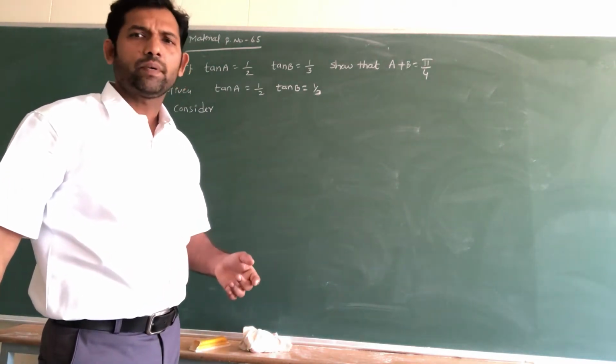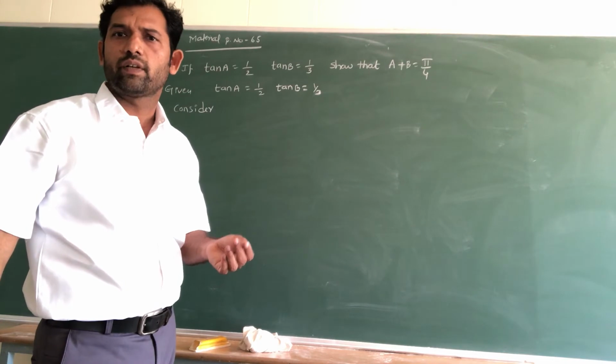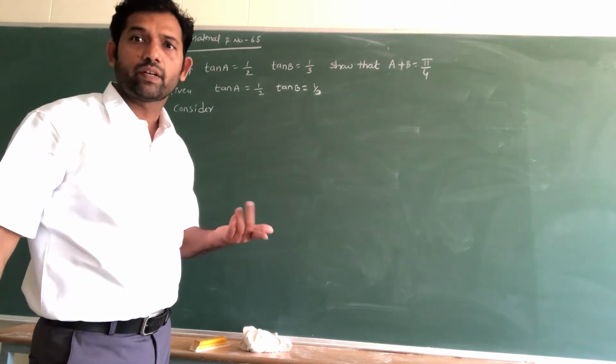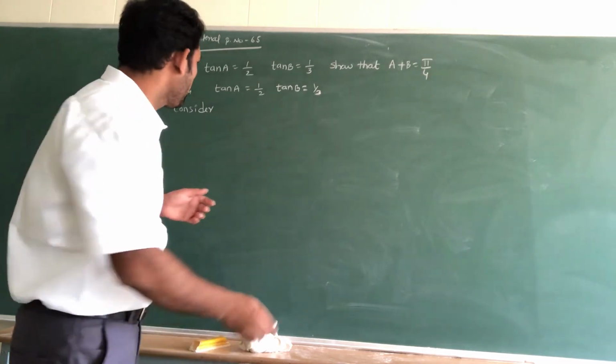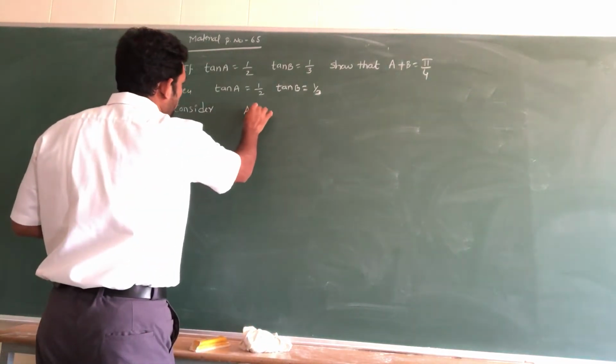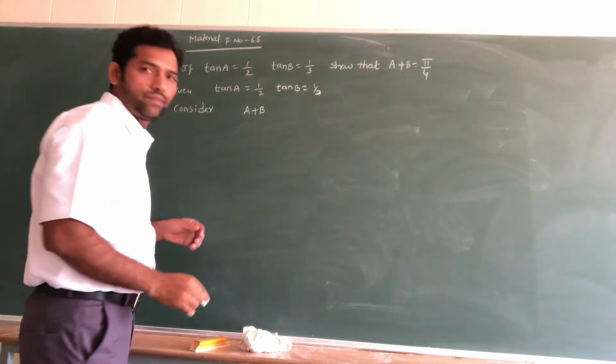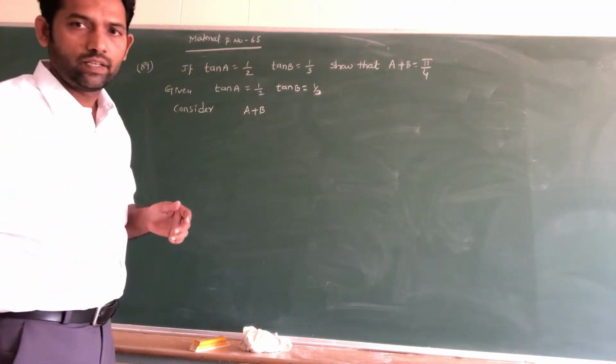A plus B means we have to take sin, cos, tan or cot. For A plus B you are considering, which trigonometric function do we have to use here?